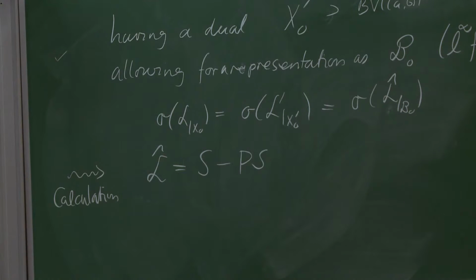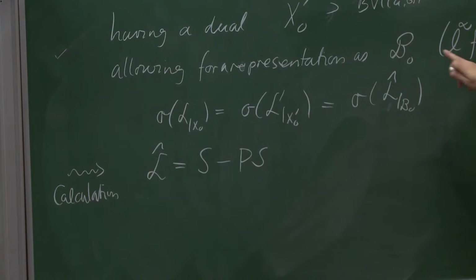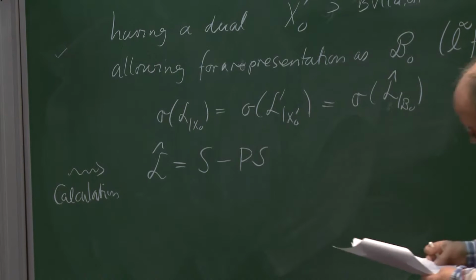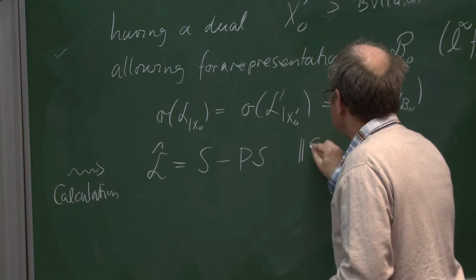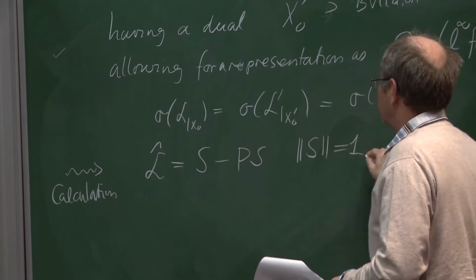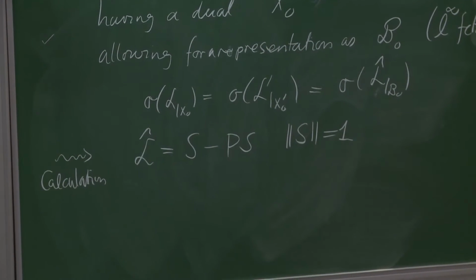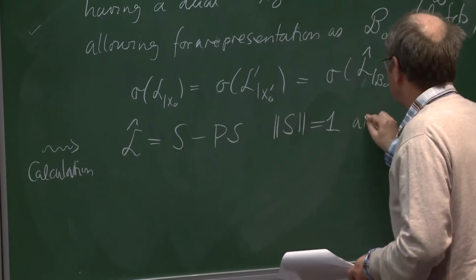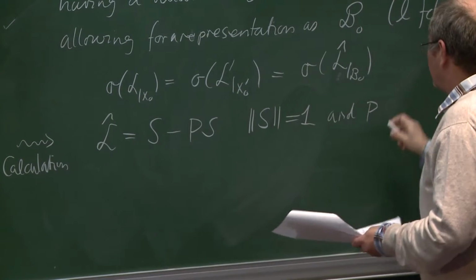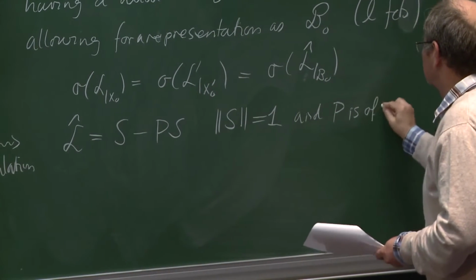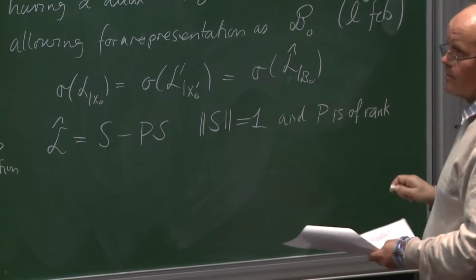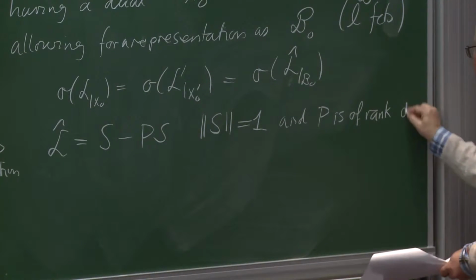So there are two bounded linear operators acting on this last space, such that S has norm 1, and P is finite rank, and the rank is related to the dynamical system, which is D plus 1.